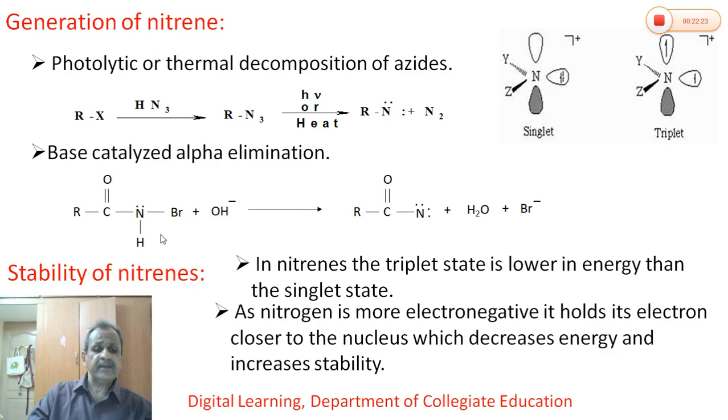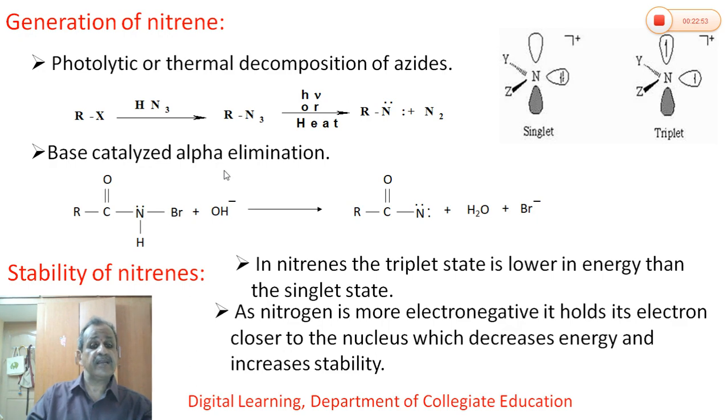Or another one, base catalyzed alpha elimination of amides. RCONH2 is an amide. When 1 hydrogen of nitrogen is replaced by bromine, we get N-bromoamide. On heating with hydroxide ion or base, HBr is eliminated. Alpha elimination means elimination from the same atom.